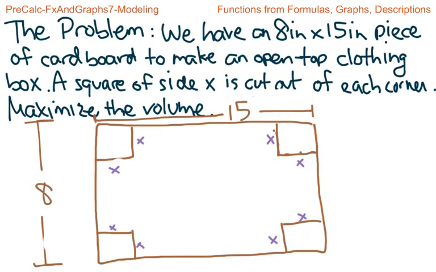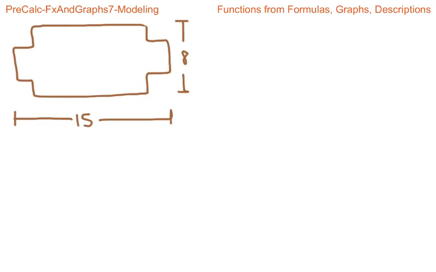All right, so here's the picture, and I'm going to modify this a little bit because we're just going to cut out those corners. We don't need it anymore, so I'm going to sketch a new picture. Here's a new picture, and I'll just do some dotted lines. The dotted lines are where you're going to actually fold up the sides, and you could create an open top box. Now, question, what is the volume?